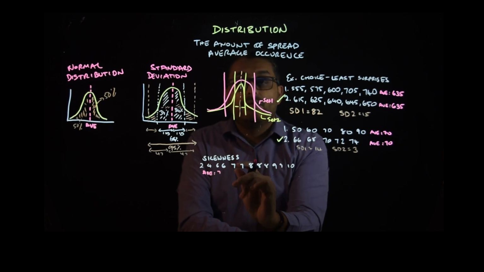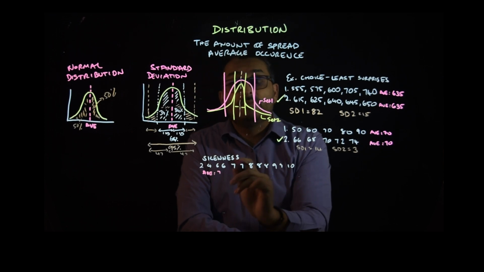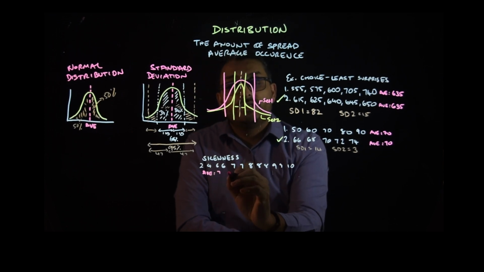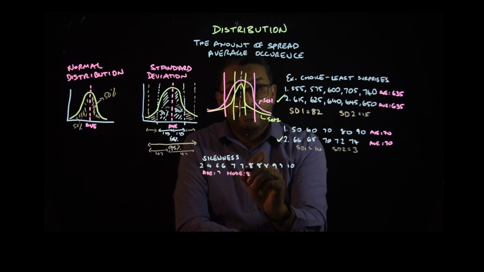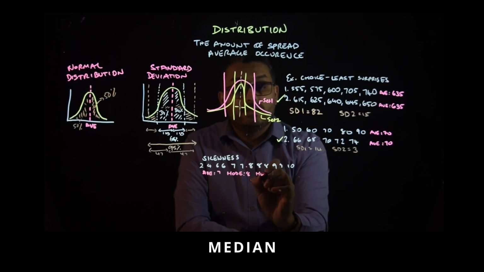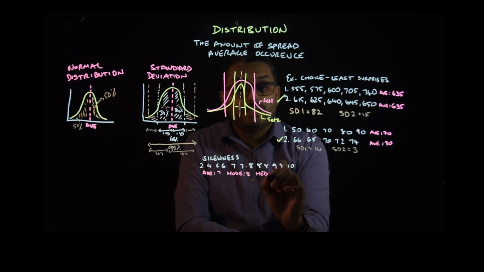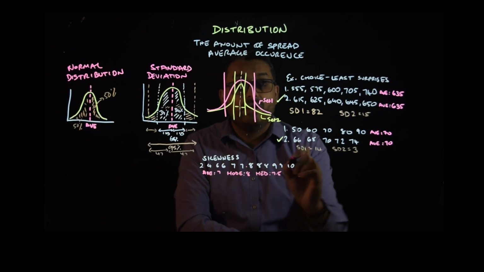The most frequent number, which is known as the mode, is actually 8. And the middle number, the median, is 7.5.